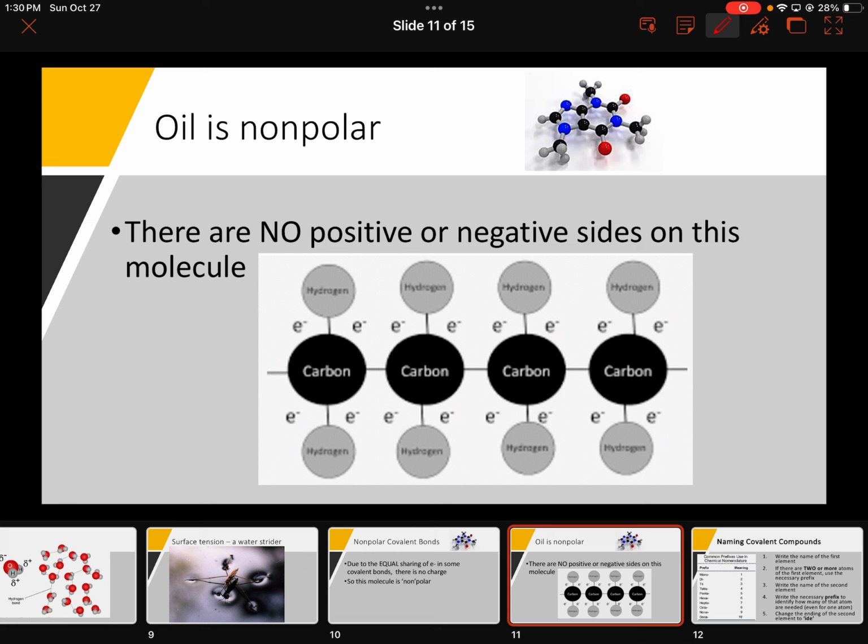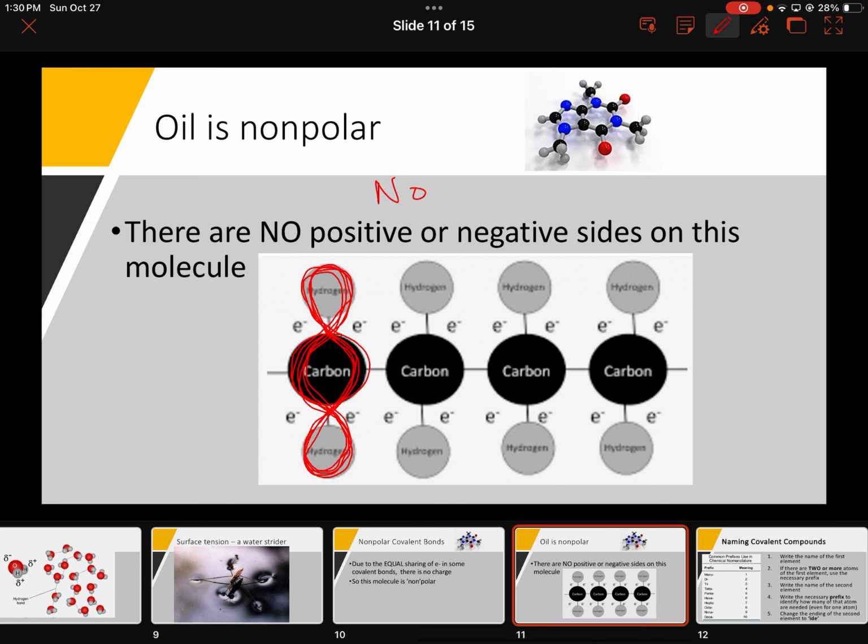And so here, oil is nonpolar. Again, the idea is it spins around the carbon and hydrogen, and it's doing this equally. And since those electrons are being shared equally, there are no poles.